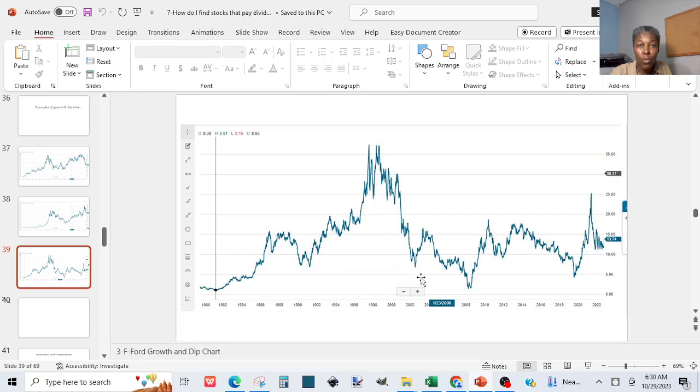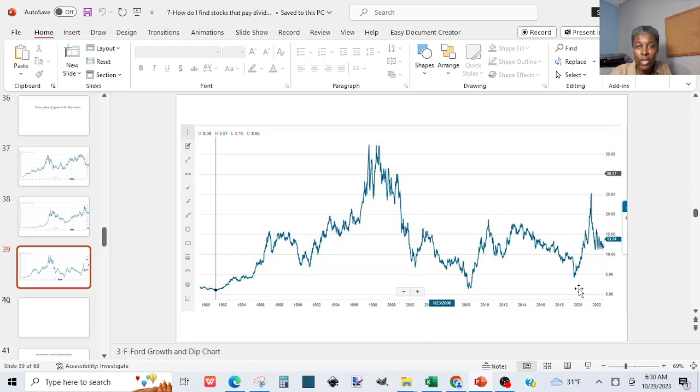And the dip, you want to pay attention to the dip. If the dip is low to the point that it can be close to the price it went public at decades prior, it is a risk, because that means during recessions, or whatever year that dip happened, which was in 2008, that was a recession.